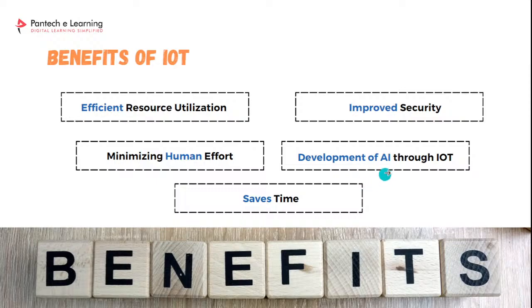And coming to development of AI through IoT, if I have an artificial intelligence platform through which all of this is managed and maintained, the personalization and the human touch also come into the picture, right? Today, most of us have some level of interaction with AI or virtual intelligence.